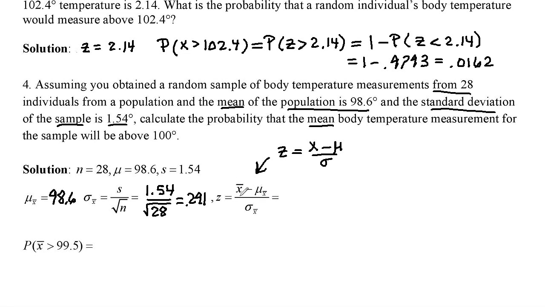So our x bar value, we're looking at the mean of the sample being above 100. So our x bar value is 100. Our mean, 98.6. And then our standard deviation is the 0.291. So if you compute that to 2 decimal places, remember you always do z-scores to 2 decimal places, you'll get 3.09.